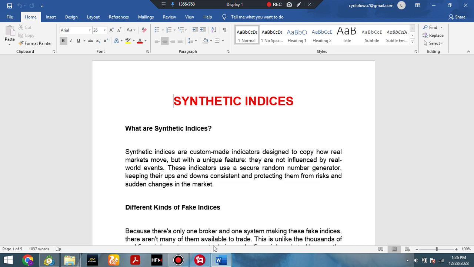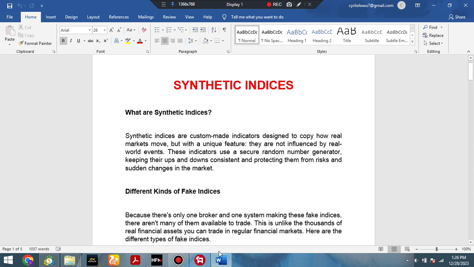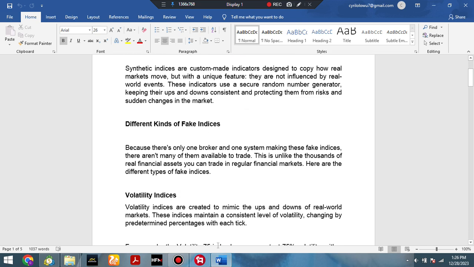These are not real markets. So that is one. Then we have different kinds of fake indices. When we say fake indices, we mean different kinds of pairs which mimic forex, but they are not forex, because there is only one broker and one system making these fake indices. There aren't many of them available to trade.